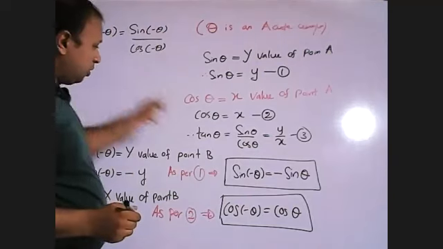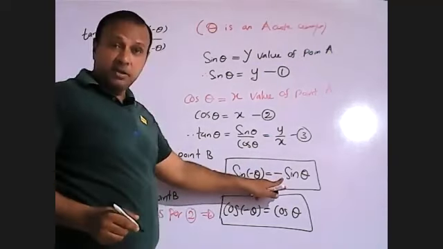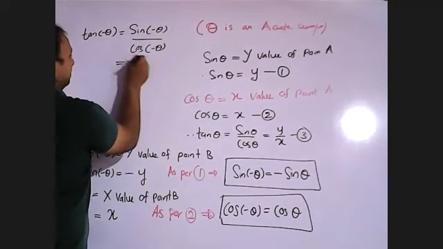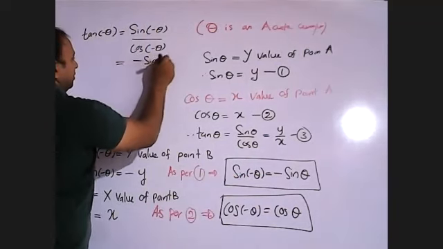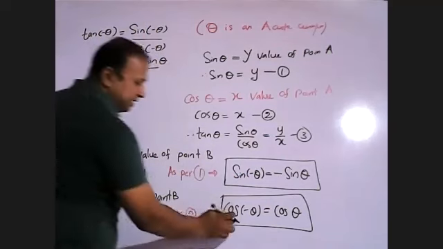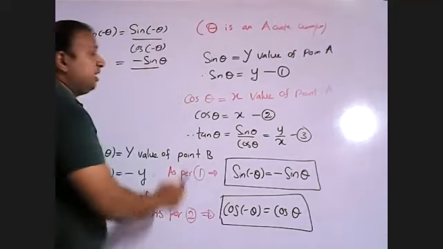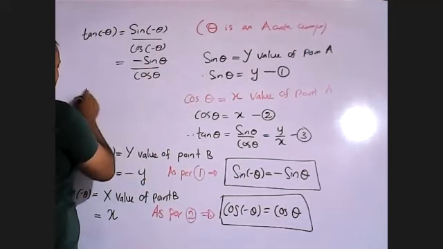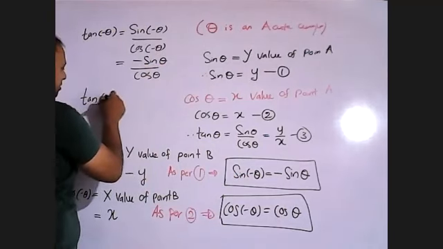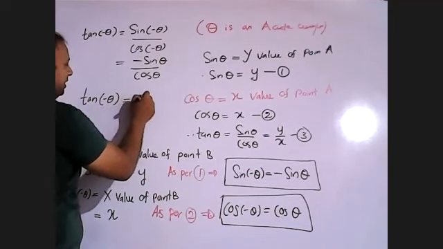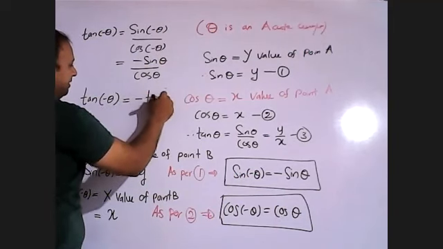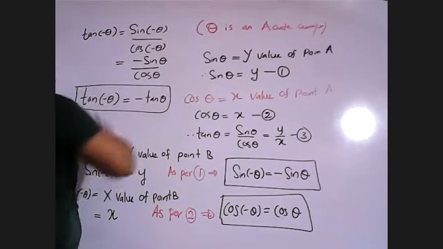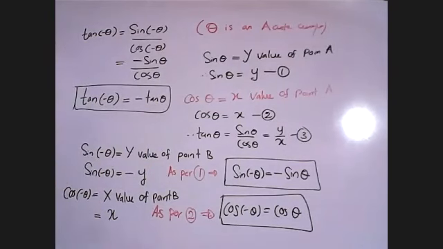Now you know the value of sin minus theta, it is equal to minus sin theta. Cos minus theta is equal to cos theta. Therefore, tan minus theta is equal to minus tan theta.